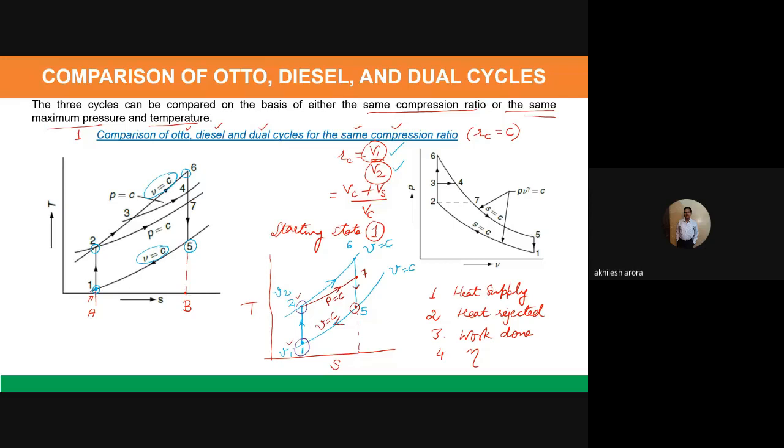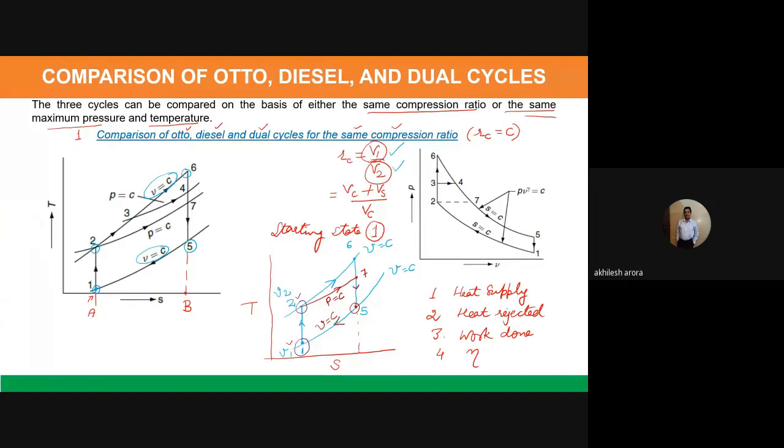Okay, so let me change the color. So now I am going for the green color. Now in case of dual cycle, you know that the heat supply first is at constant volume and then it is at constant pressure. So since 1 to 2 process is same, now I will go for a constant volume heat addition. So constant volume heat addition process is already drawn here.